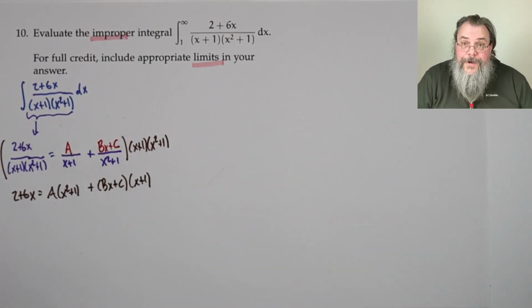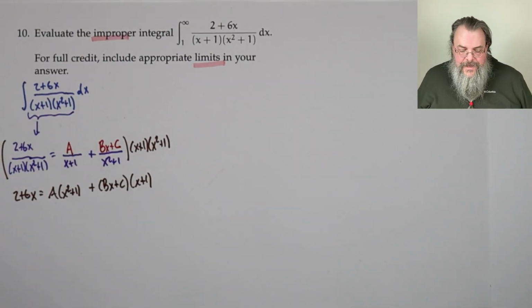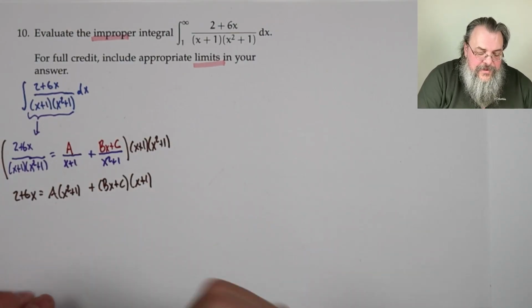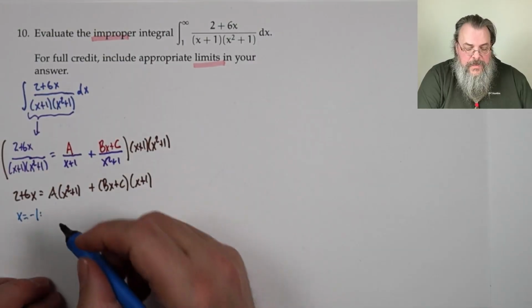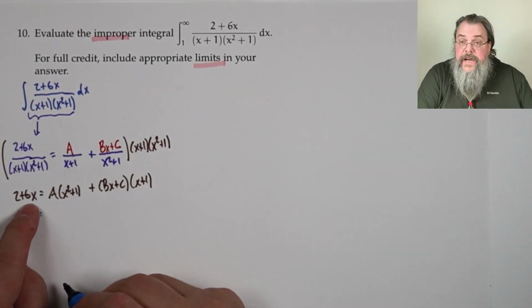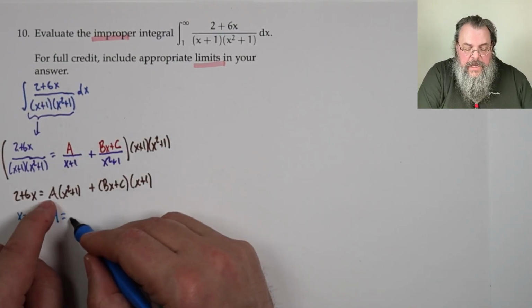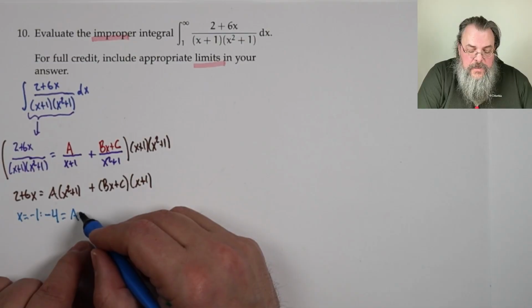Can we make some good choices here, values where things cancel? Since we have an x plus 1, let's start with x equals negative 1. 2 minus 6 is negative 4, equals a times 2, since negative 1 squared is 1, plus 1 is 2.